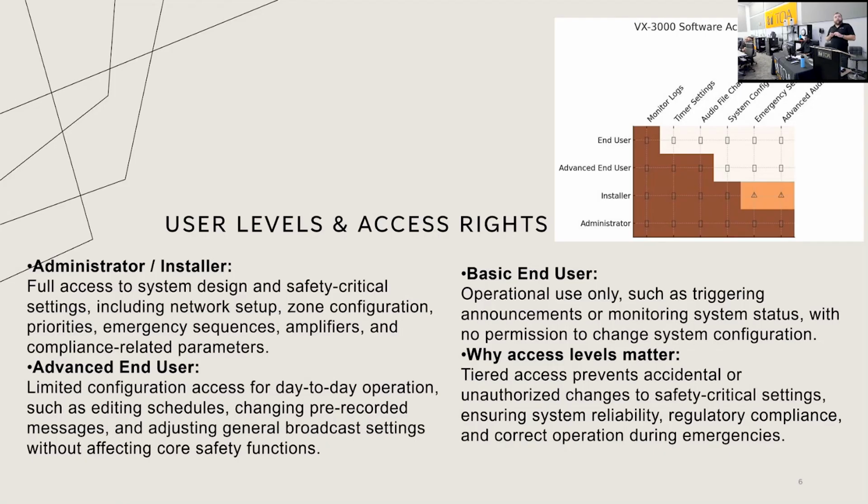The advanced user has limited configuration access. This is for day-to-day operation, assigning scheduling, pre-recorded messages, and adjusting general broadcast settings without affecting core safety functions. The basic end user level is mostly for monitoring and maintenance, and maybe triggering some announcements, but there's no permission to change the system settings.